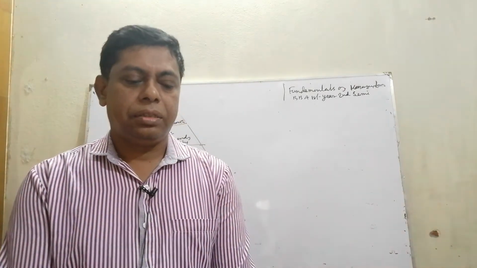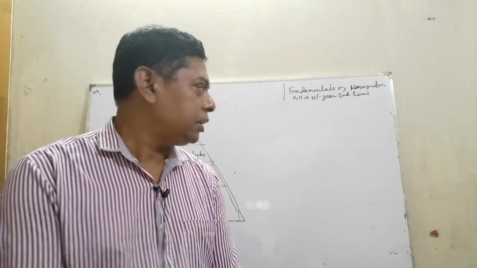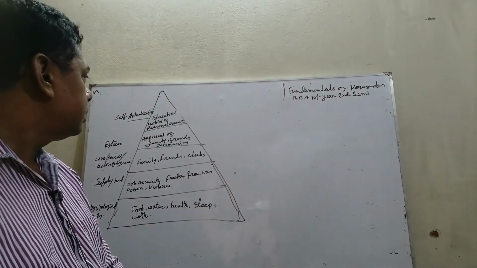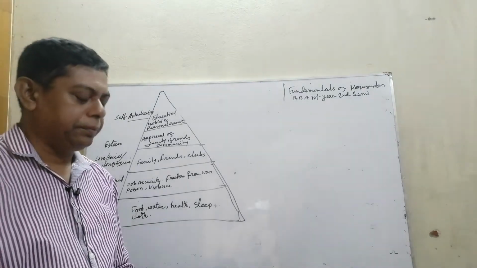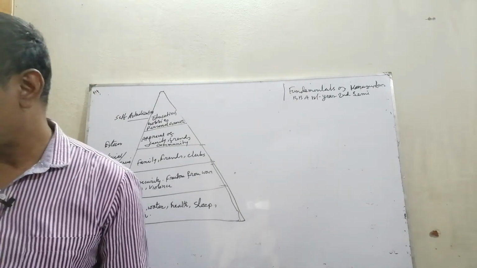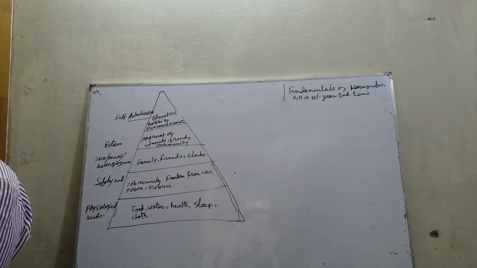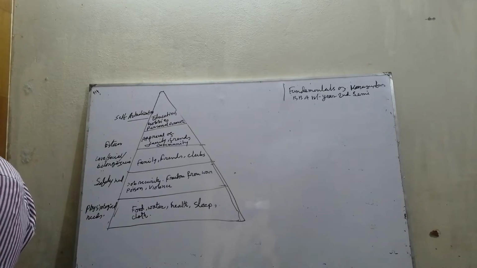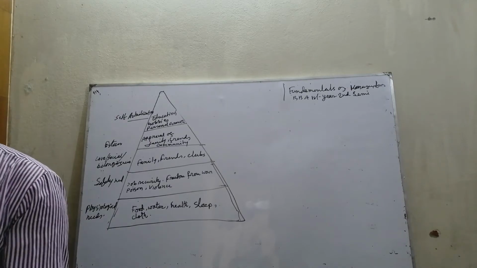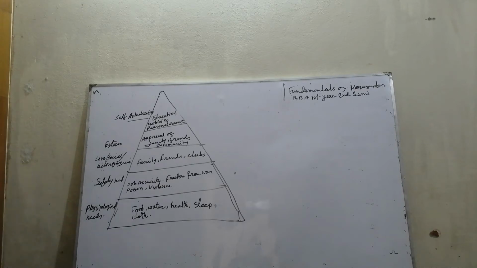Now the question discussed below. In the first question, Maslow need hierarchy theory. That is an important question in this chapter. Abraham H. Maslow, a psychologist, developed a theory called the need hierarchy theory.